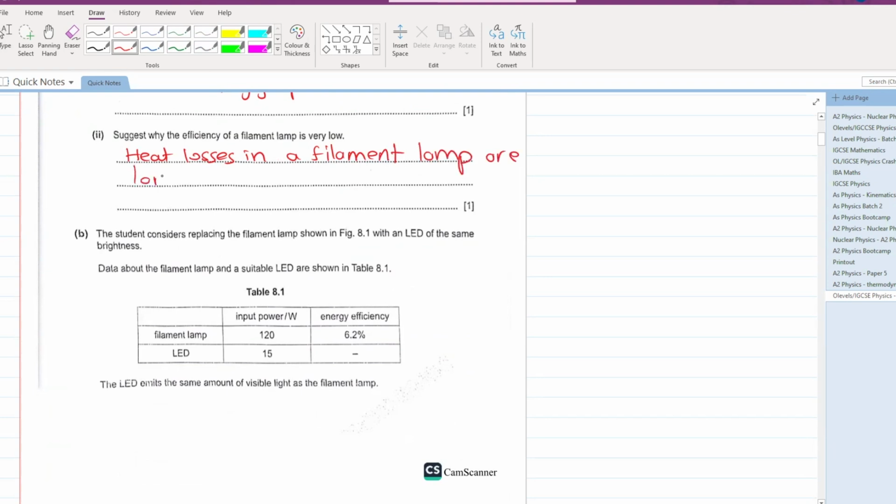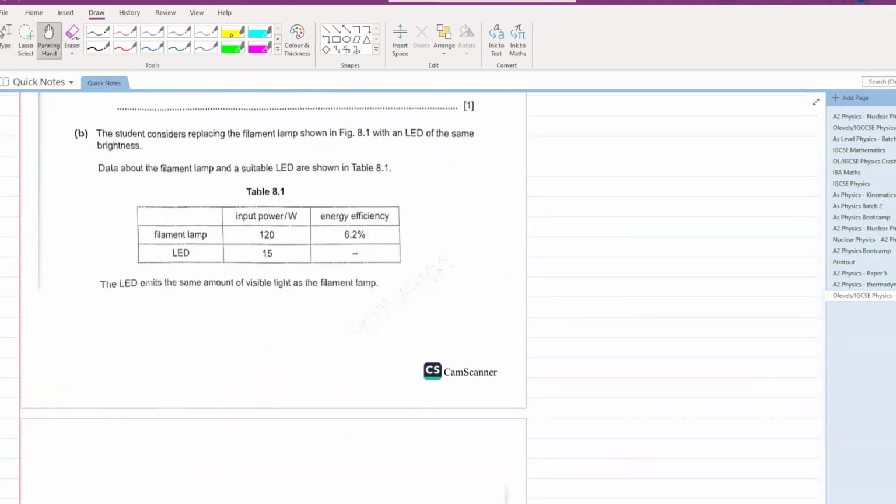Let's further move ahead. Let's move on to part B. The student considers replacing the filament lamp shown in figure 8.1 with an LED of the same brightness. Data about the filament lamp and a suitable LED are shown in table 8.1. The LED emits the same amount of visible light as the filament lamp. What does this statement mean?